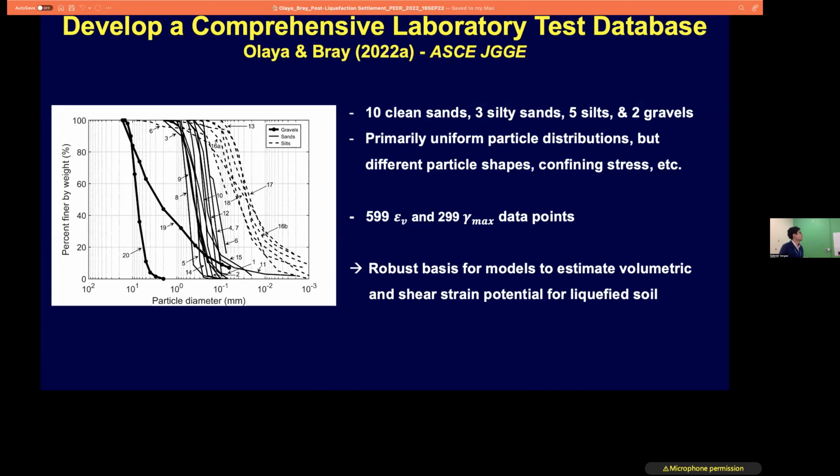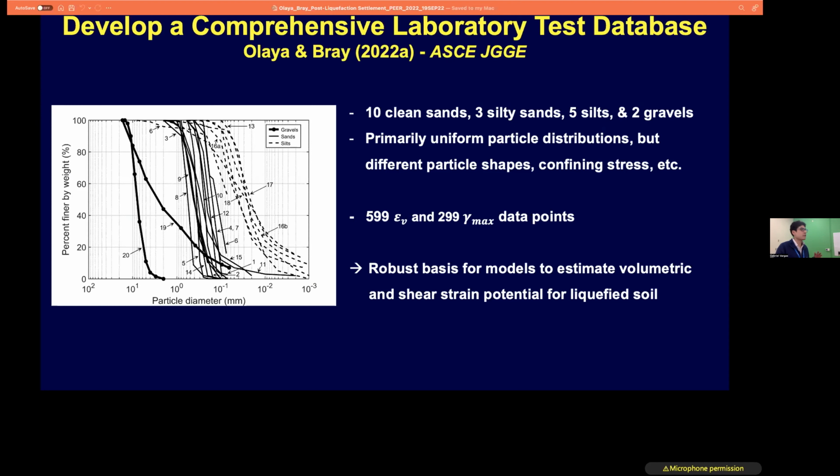So we went ahead and collected more test results on different materials. We have 10 clean sands, using the Ishihara and Yoshimine original data, 3 silty sands, 5 silts, and 2 gravels, which are mostly uniform, but they have different particle shapes and were tested at different confining stresses.